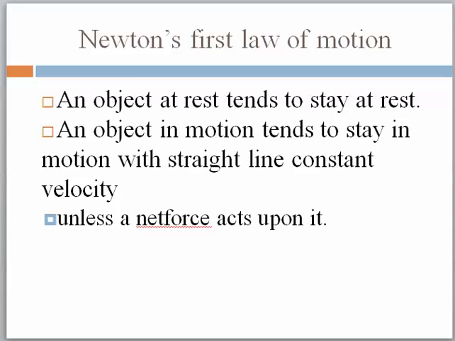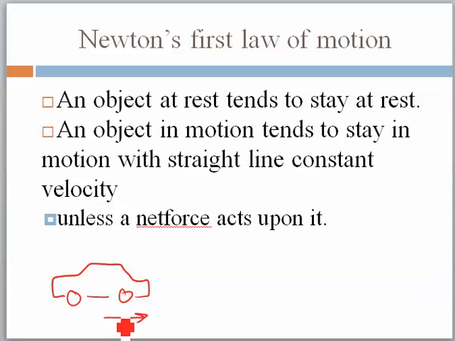So if I had a car, we're going to say this car's heading to the right. Newton's first law of motion says that if it's sitting there, an object at rest tends to stay at rest. That car is going to sit there forever, according to Newton's first law. It will not move.